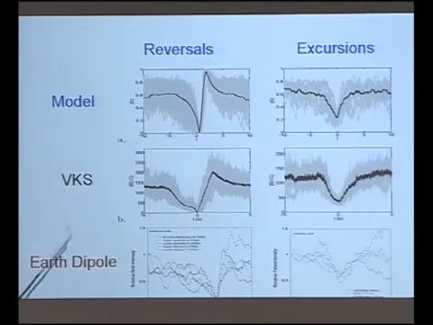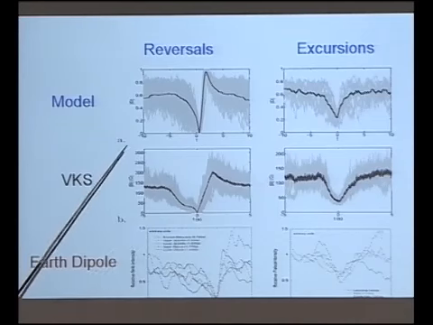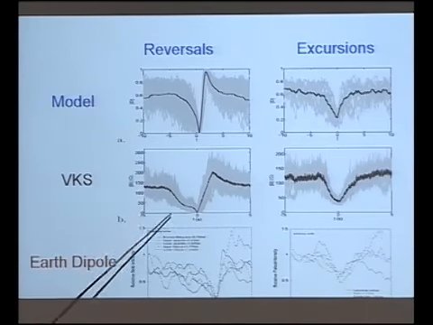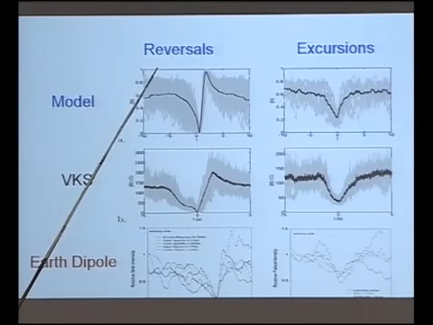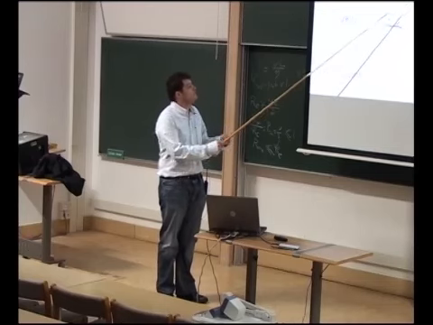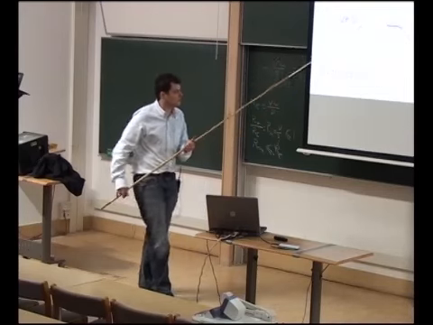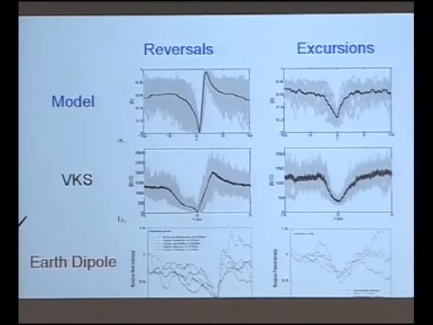This is simulated for VKS. In gray are the different realizations, and in dark is the average over the different realizations for the model for the VKS, and that's for the Earth dipole, extracted from geophysics measurements. What you can say on the three regimes is that reversals first start with a slow phase and are followed by a fast phase.